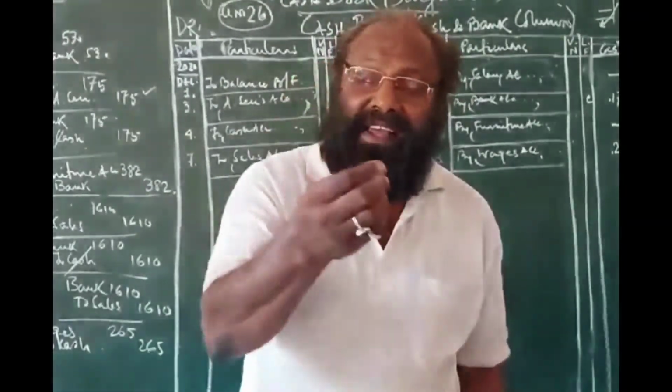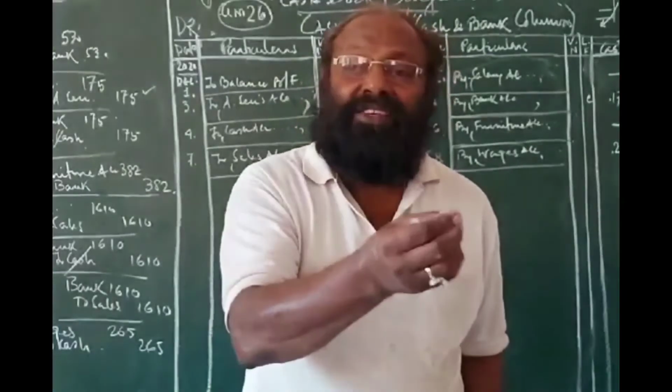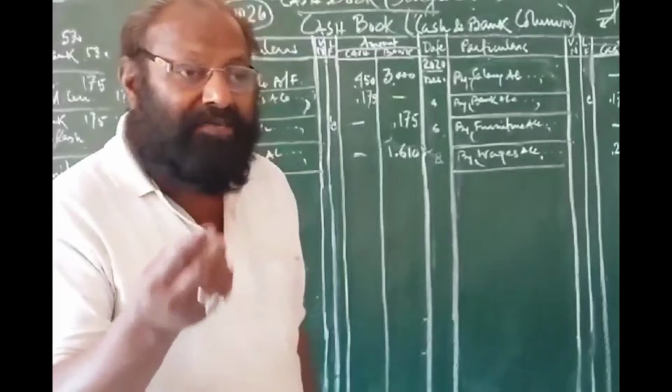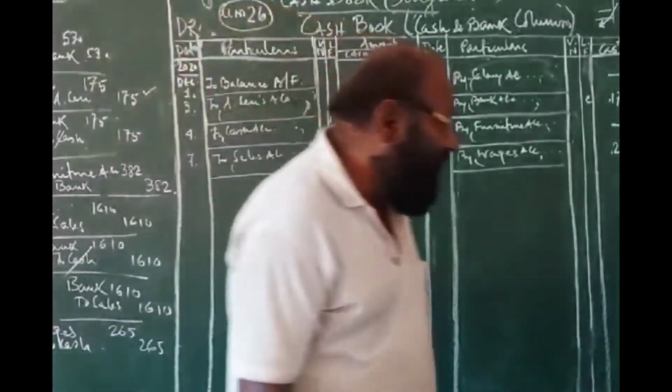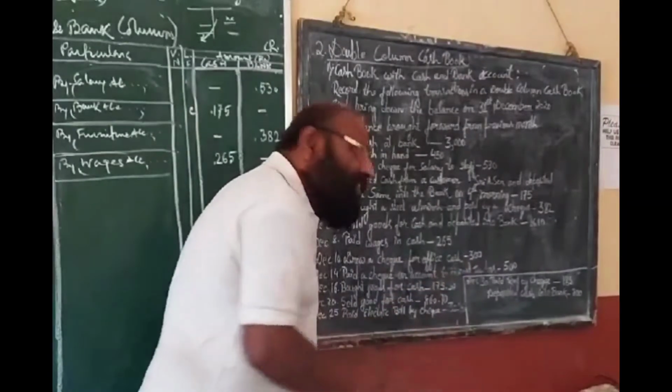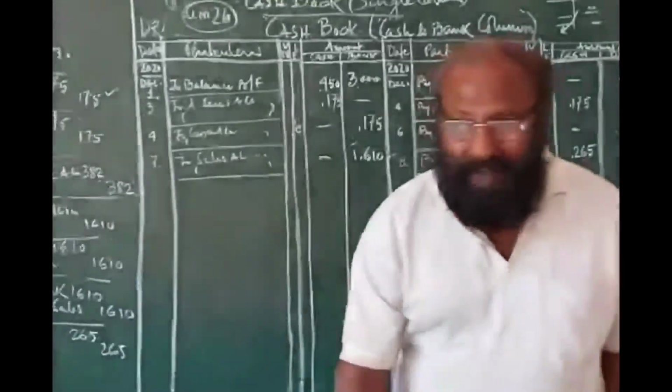So then you are issuing the check for your office cash. That means you are withdrawing cash from bank. Clear? The same thing. Drew a check for office cash, it means you are withdrawing cash from bank.